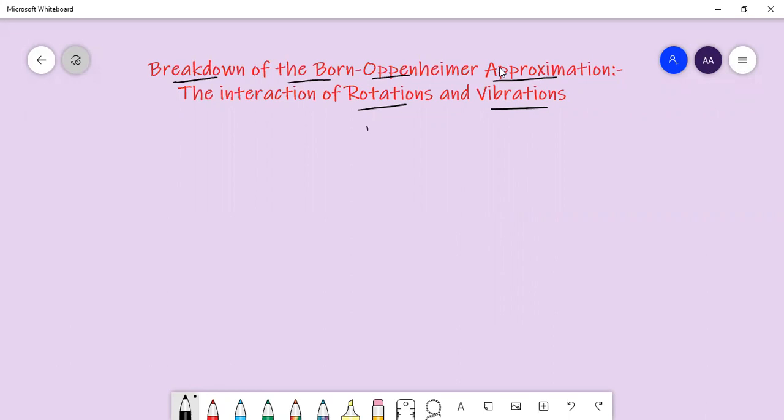So far we have assumed that the vibration and rotation proceed quite independently, meaning the rotations do not depend on the vibrations, or there is no interaction among the rotations and vibrations of the molecule. Now, a molecule can vibrate about 10 raised to the power 3 times during a single rotation.